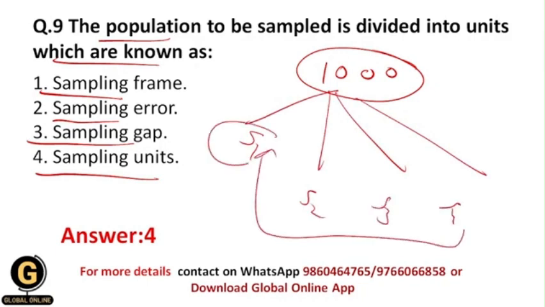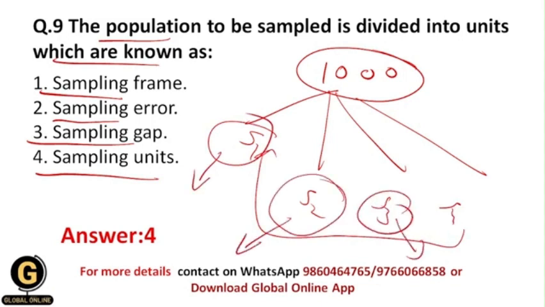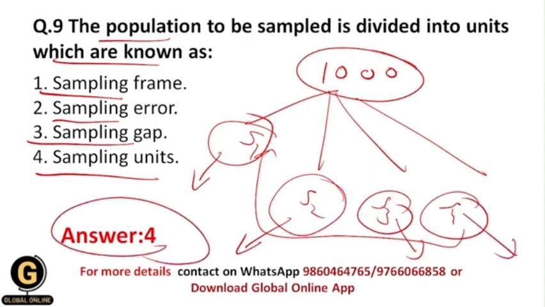So basically this is called one sampling unit, this is called another sampling unit, and that's why your correct answer should be 4 over here.